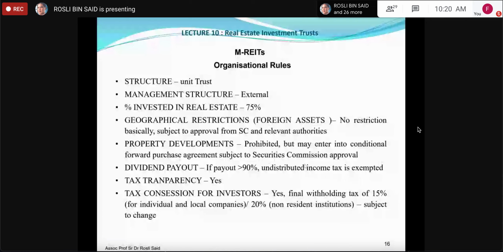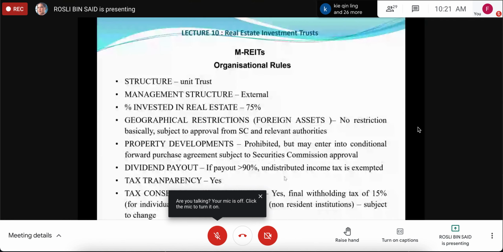So most companies want to be a REITs company, just as I said before, because of tax transparency, as well as the 90% dividend that has to be paid to the purchaser. So the demand is basically good. And for the dividend payout, if you distribute more than 90% of the income, the undistributed income tax is exempted. So basically, it is income tax free if 90% is distributed.